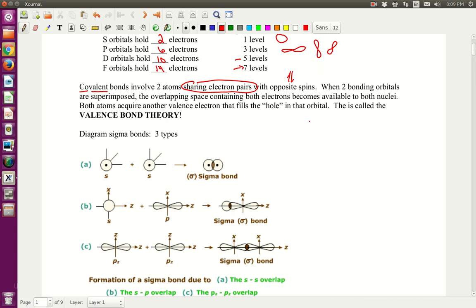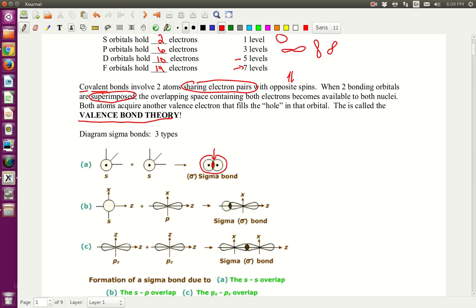When 2 bonding orbitals are superimposed, one on top of the other, the overlapping space containing both electrons becomes available to both nuclei. That just means when they're overlapping, like here, you can see them overlapping in that middle area, this space is shared by both of the nuclei. Both atoms acquire another valence electron that fills the hole in that orbital, and this is called valence bond theory.